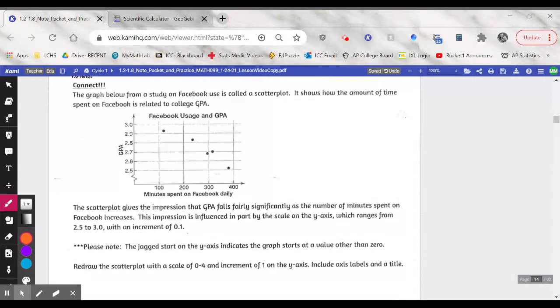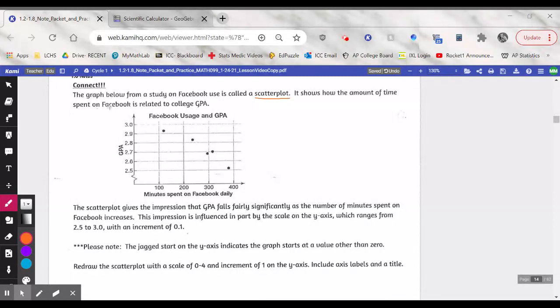For this problem, we're going to be using the graph below from a study on Facebook. And this kind of graph that we see here is called a scatter plot. That's where you have points plotted, but they're not connected.